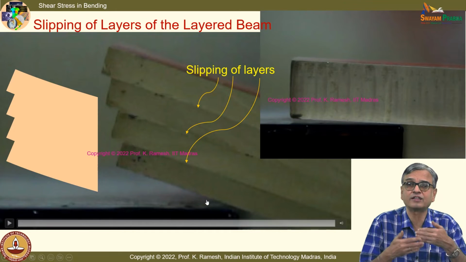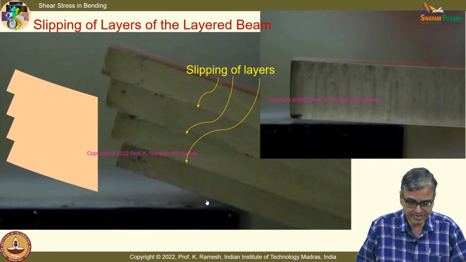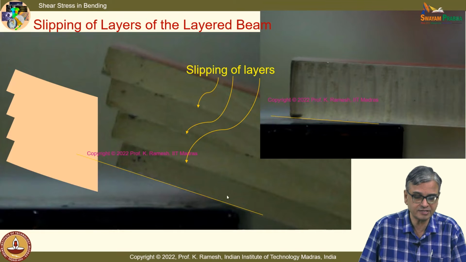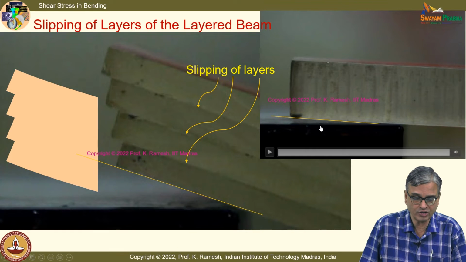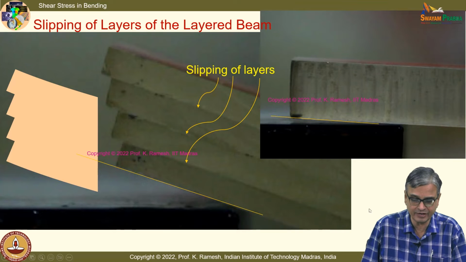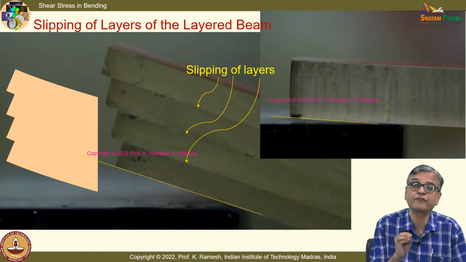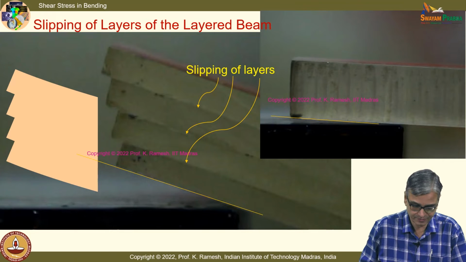So, on that basis we developed the mathematical expression for the shear stress, and this also shows how much is the angle or the slope when the beam is one unit but with different layers, which brings out very clearly the role of shear in the beam analysis.